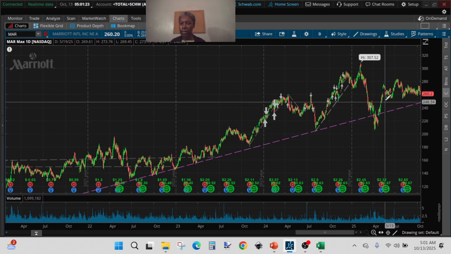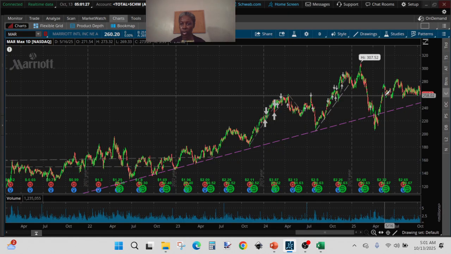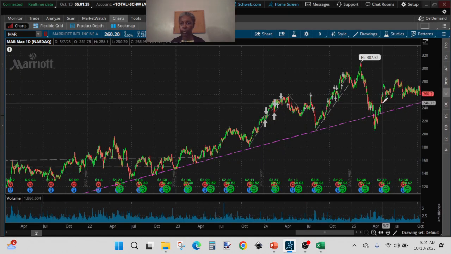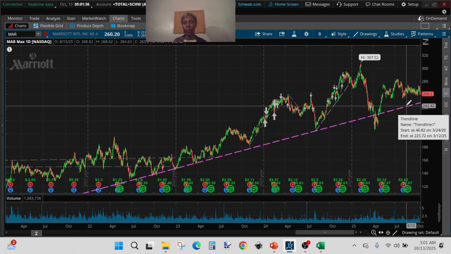So for instance, you will see this red bar here is higher than the one here, which is higher than this one, so you'll have higher lows. When you see about 3 of those higher lows, you can purchase the stock at the first or second green bar that follows one of the last pullbacks.